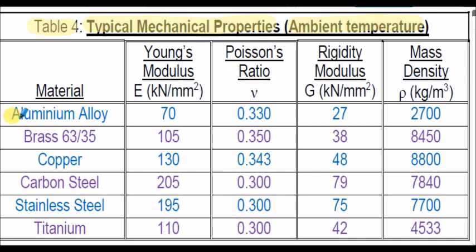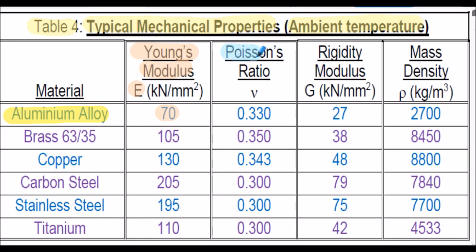So for aluminium alloy, for example, we have the Young's modulus stated here, the E, 70 kilonewtons per millimeter squared. And we also have other parameters stated that we will not necessarily use within this presentation, but when you use finite element analysis, you often have to state these values because although most of our problems here are two-dimensional, in an FEA environment we often consider three-dimensional problems.